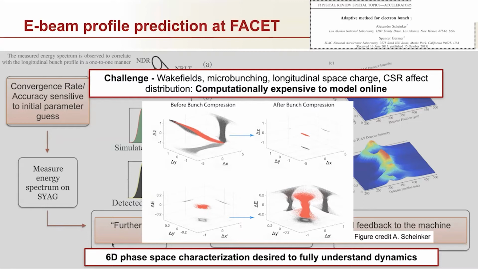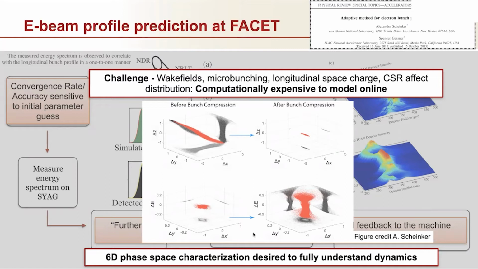That requires rethinking the way that you model the dynamics, whether it's using a surrogate model, for example, or some kind of reduced model. You want to capture these very non-trivial correlations that may exist in your beam, for example, shown in this figure by Alex.